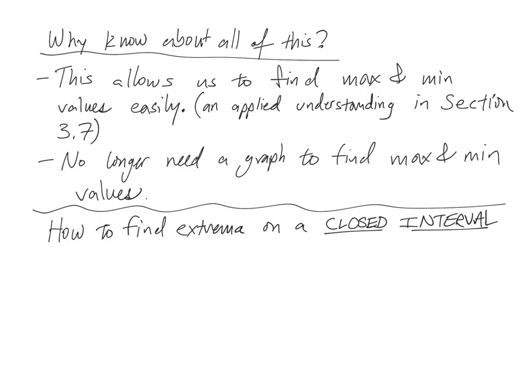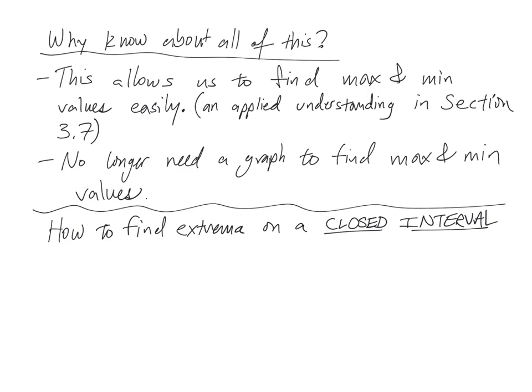And I think one of the big benefits is that you don't have to make a graph of the function anymore to find the maximum minimum values, or you don't have to remember negative b over 2a to find the x coordinate of the vertex and plug it back in to find the maximum and minimum value of the parabola. It just mathematically simplifies finding maximum and minimum values, which again has real world applications.